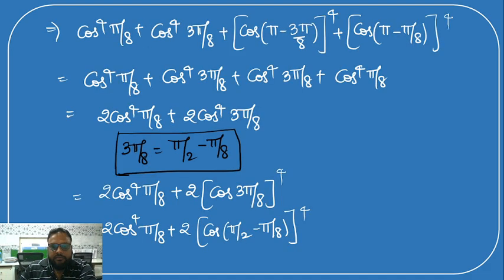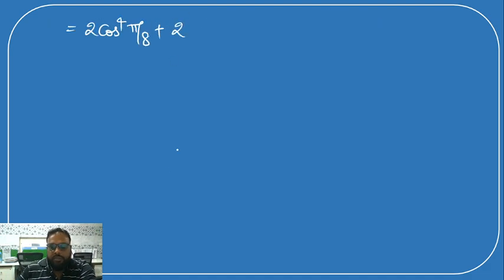Right. Next, this becomes 2 cos to the power of 4 pi by 8 plus 2, here this is cos pi by 2 minus pi by 8. This becomes sin to the power of 4 pi by 8.